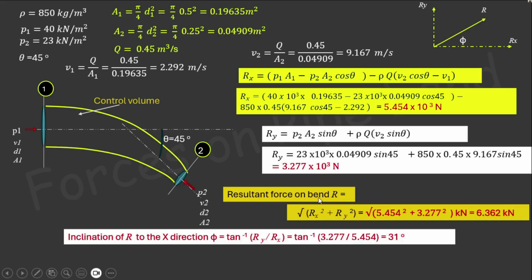So resultant force is equal to 6.362 kilonewton, and line of action of this force is equal to 31 degree. So all of you, please go through the problem and work out this problem on your own and verify the answer. It is my request.